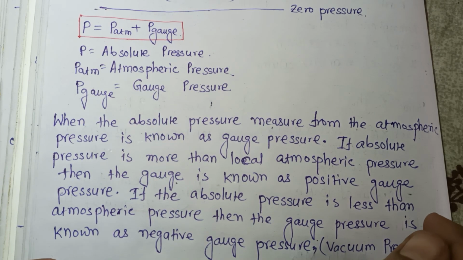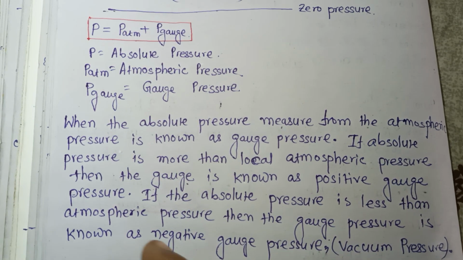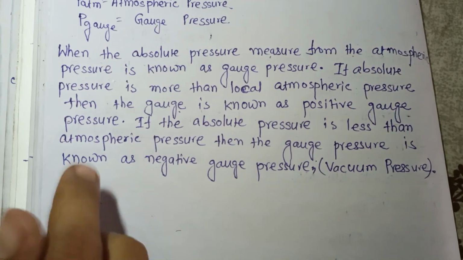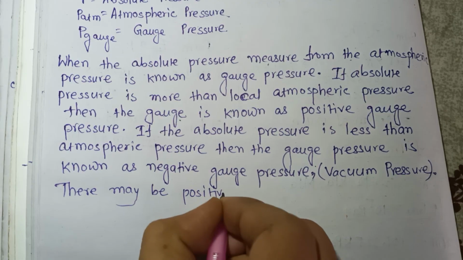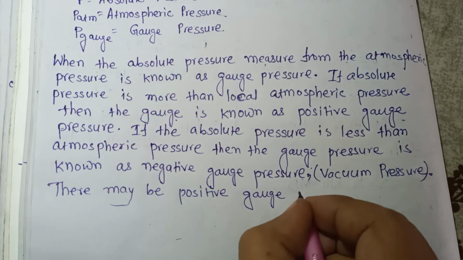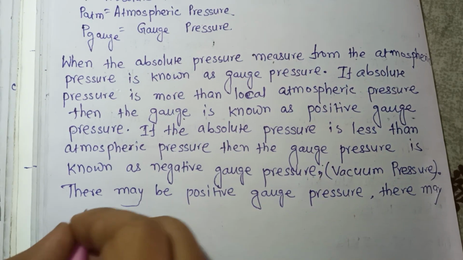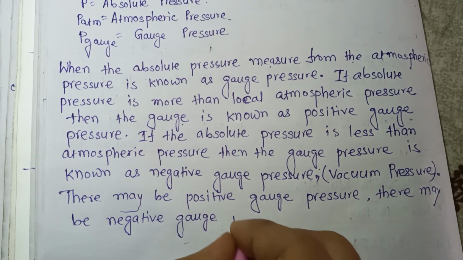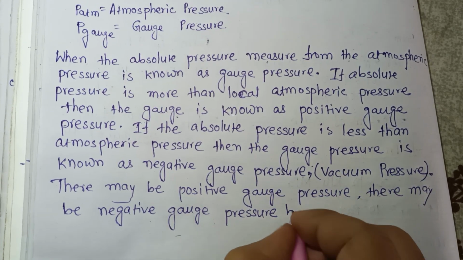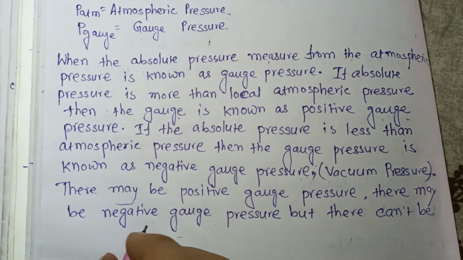So there may be positive gauge pressure, there may be negative gauge pressure, but there cannot be negative absolute pressure.